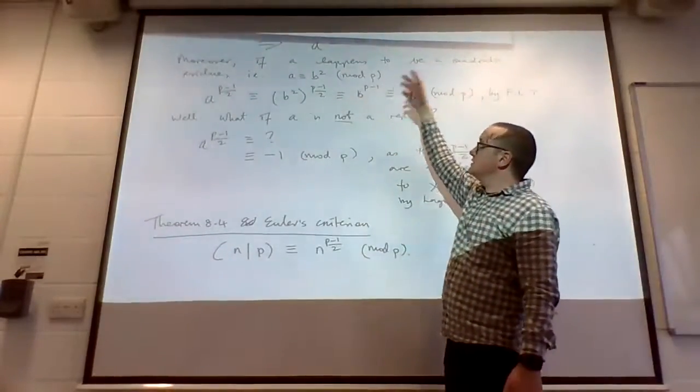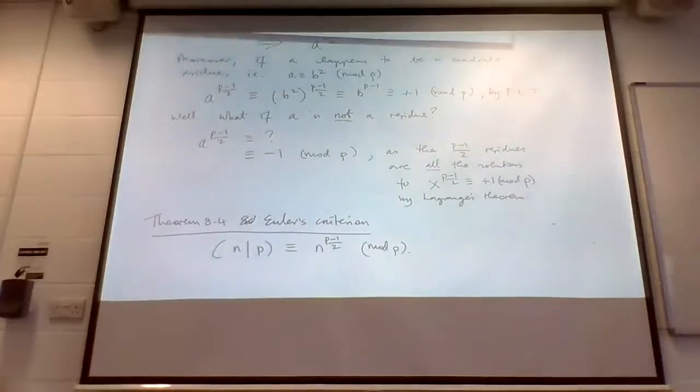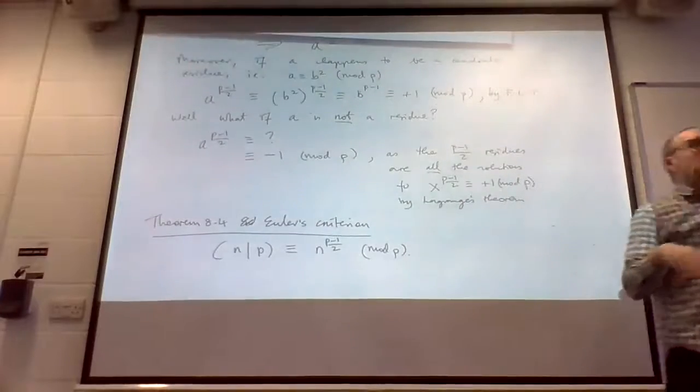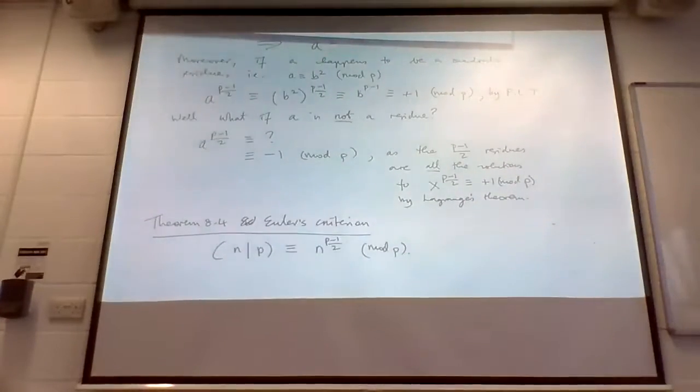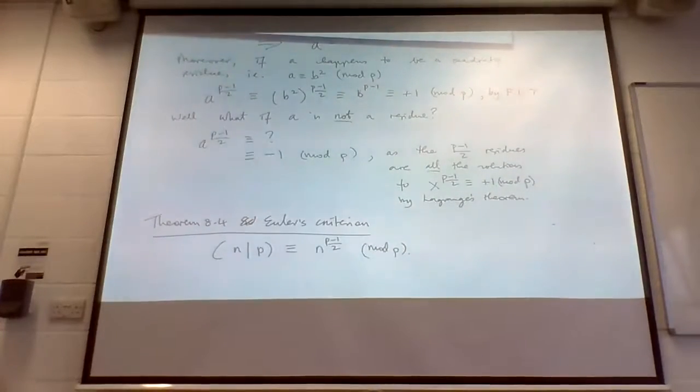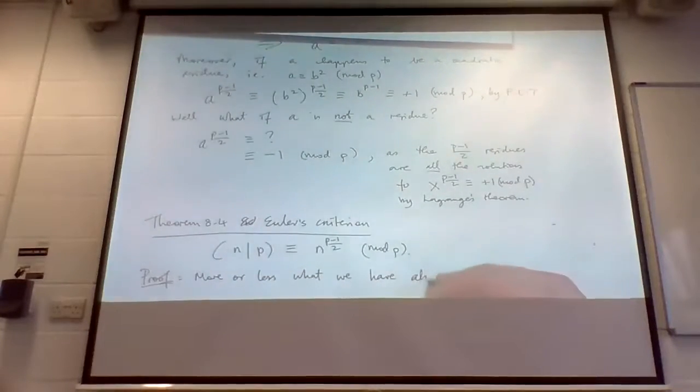Looking at the polynomial x to the power of (p-1)/2 congruent to plus 1, congruent to minus 1, and making use of Lagrange's theorem, and the fact that there are (p-1)/2 residues and (p-1)/2 non-residues. So the proof here is more or less what we have above. The details are spelled out in full in the notes, but it's more or less what we were discussing there.